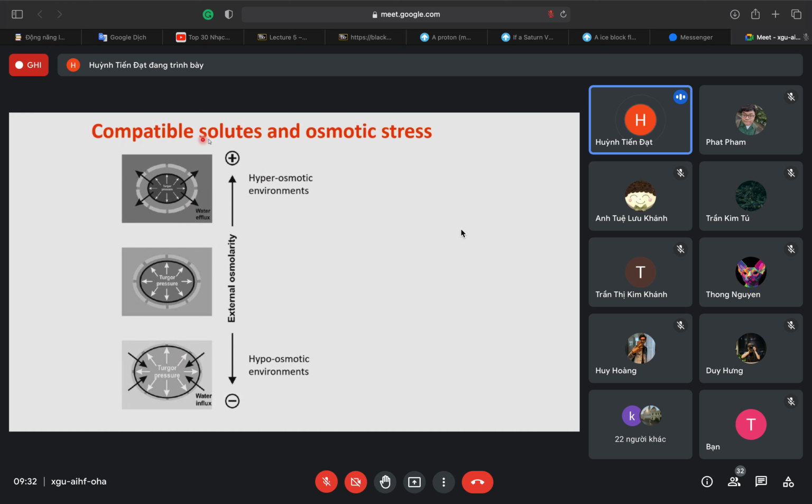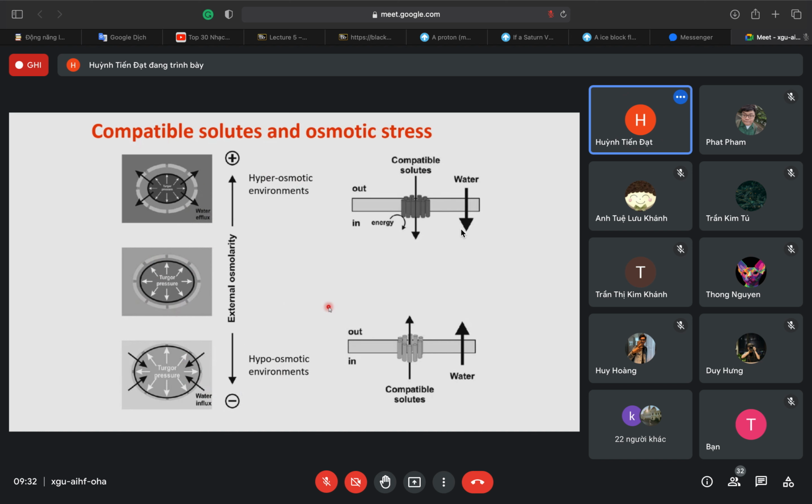When we apply the compatible solute, we can reduce the water influx or water efflux, in case of here or here. So we maintain the state here. That's a good state for growth. The compatible solute can get in to modulate the pressure inside, or sometimes pass through outside to modulate the osmolarity.